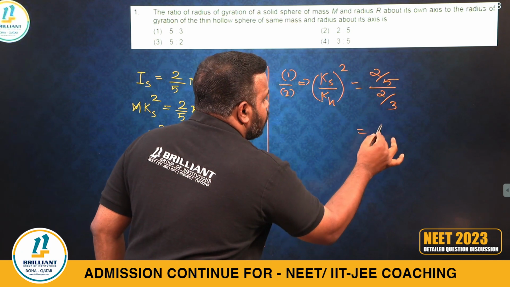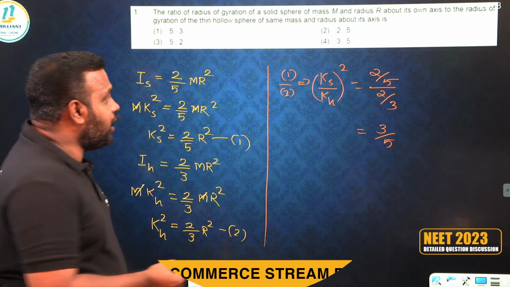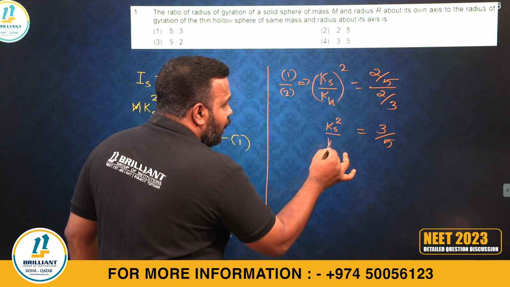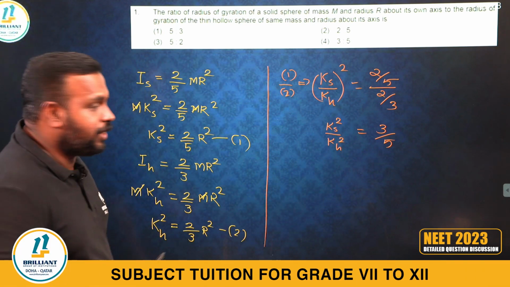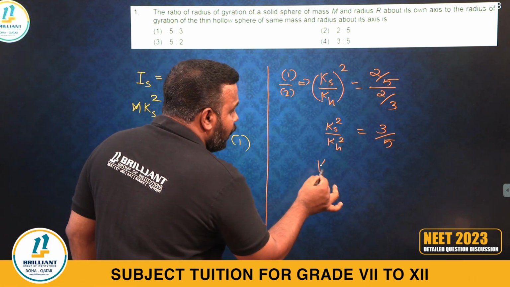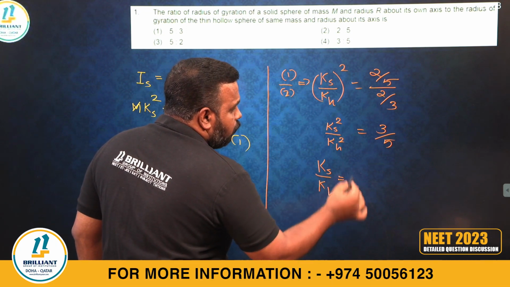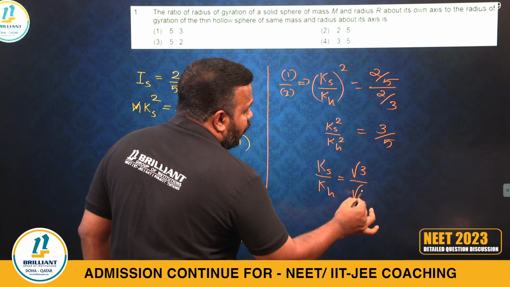So we get 3 by 5. Remember students, 3 by 5 is the ratio of ks square by kh square, but they are asking the ratio of radius of gyration. So we have to find ks by kh, which means the answer will be the square root of this. That means root 3 by root 5.